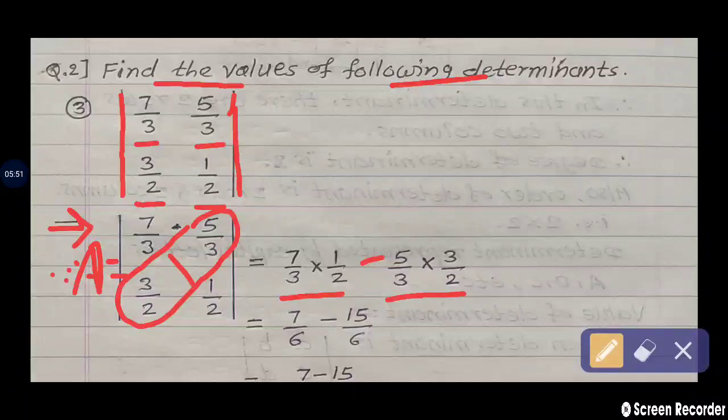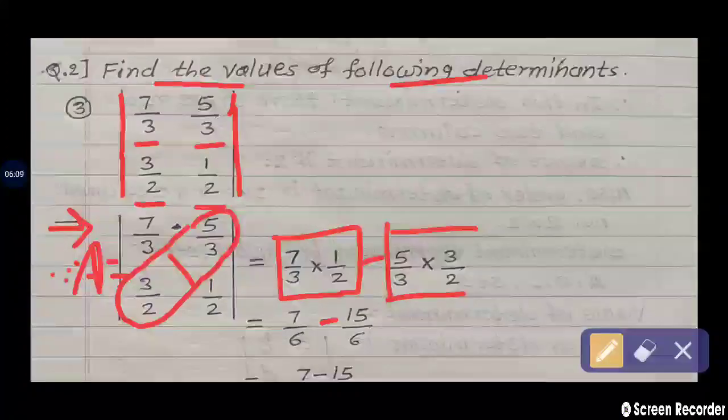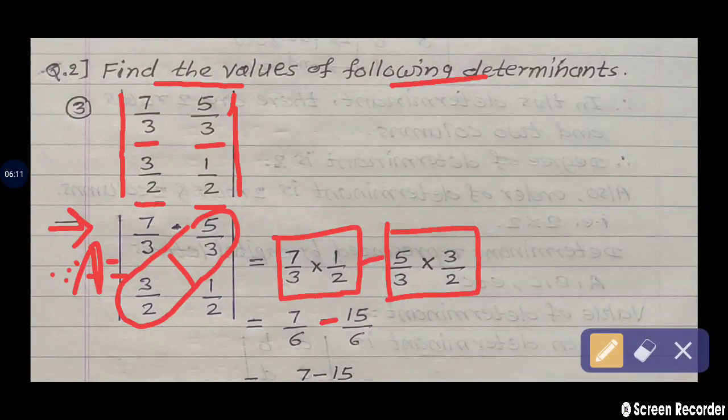Numerator multiplied by numerator and denominator multiplied by denominator. 7 multiplied by 1 means 7, upon 3 multiplied by 2, that is 6, minus, in the second term, 5 multiplied by 3, that is 15, upon 3 multiplied by 2, that is 6.